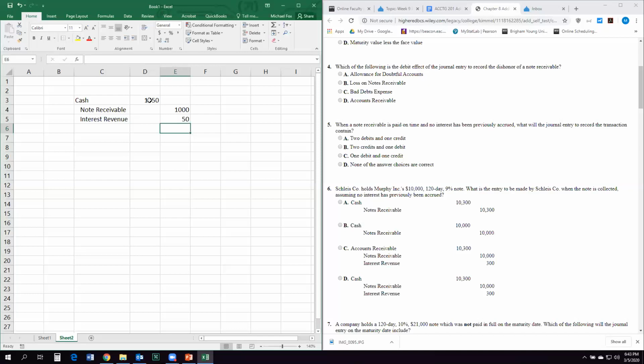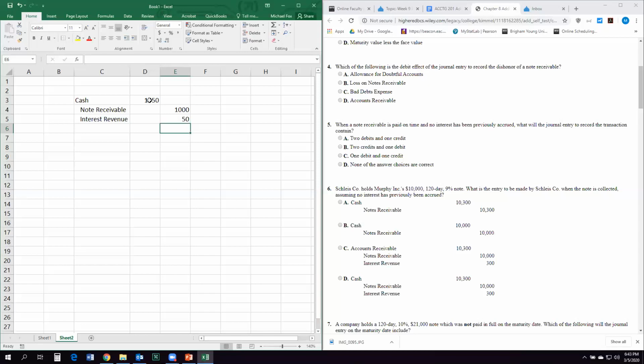Now, if I loan it to you in November and you pay me back in March, then at December 31st, I had to do an adjusting entry to show the interest revenue I earned for the year from November to December. And then when you pay me in March, I'll have to do another entry to show the interest revenue I've earned during the new year, plus the interest receivable being paid off from the adjusting entry at December 31st, plus the cash received, plus the note receivable.